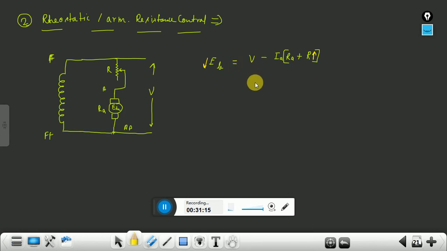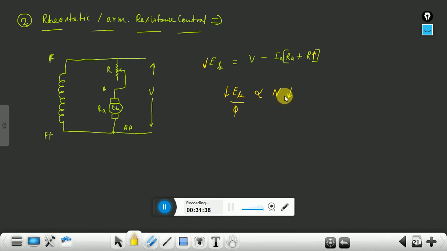Okay, EB decreases, and we know that EB is directly proportional to phi and n. So EB is directly proportional to n. So EB decreases means n decreases.